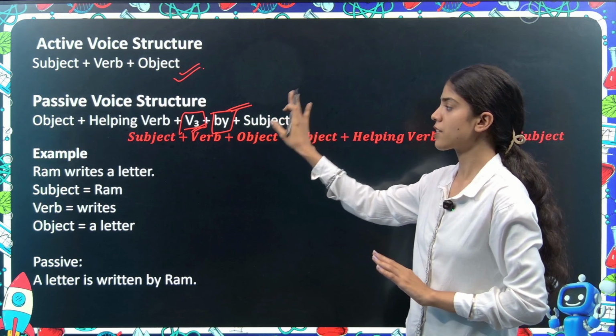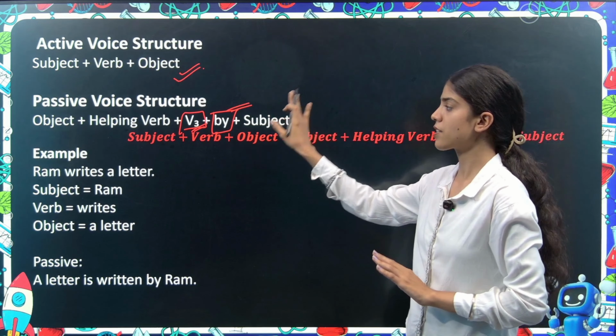Here a helping verb is used. Why? We have to check which helping verb we are going to use in the passive voice. So we have to focus on our active voice and identify which tense form it is in. When we look at our active voice, Ram writes a letter, write is added with s or es.